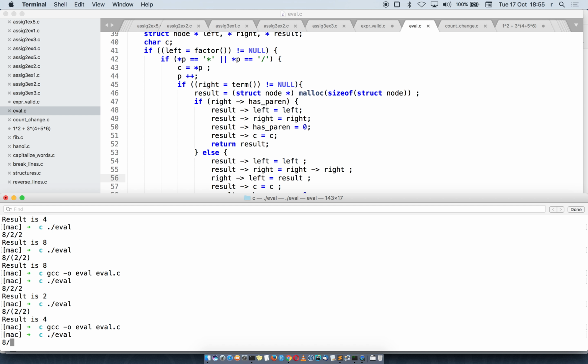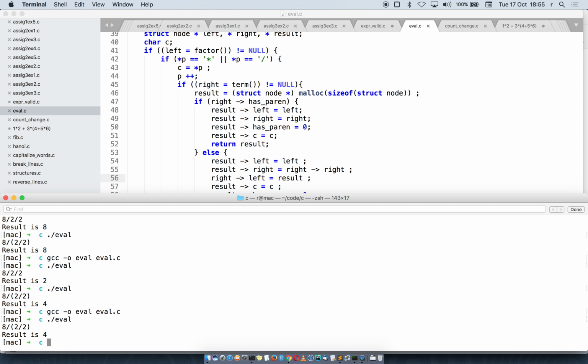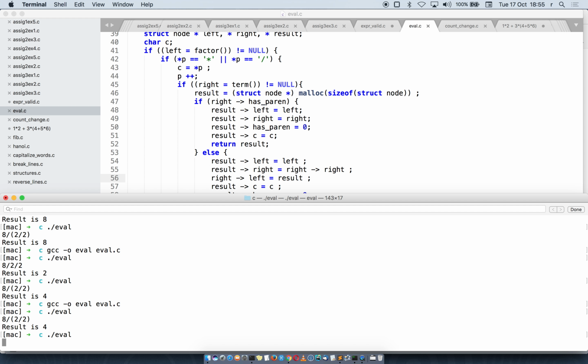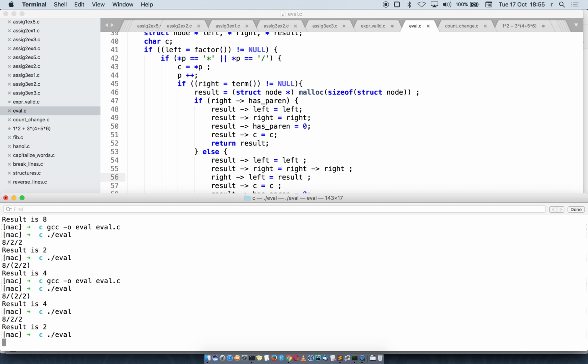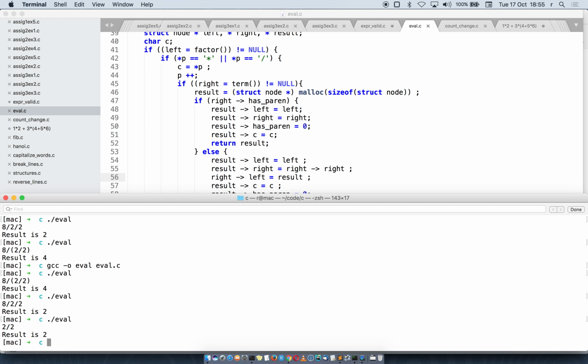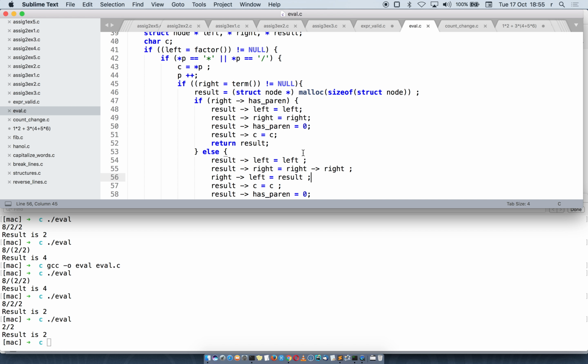So 8 divided by 2 divided by 2. This doesn't work. But 8 divided by 2 divided by 2 works fine. Alright, so let's see why the bracketed result doesn't work anymore. So 2 divided by 2 is 2. Very interesting.